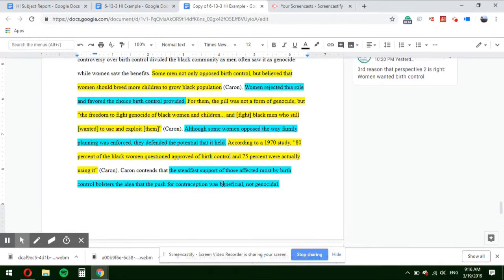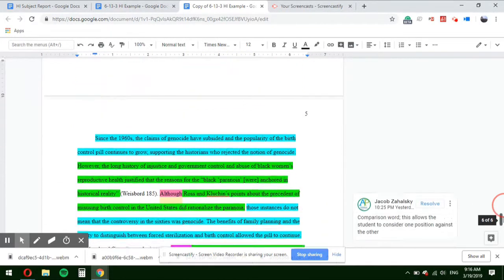And so the student here is again going deeper into the evidence, reminding the reader how this evidence links to the assertion, and thus to the reason that perspective 2 is correct, and basically just adding on to the evidence.